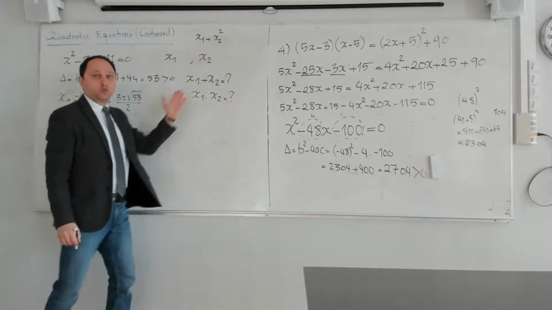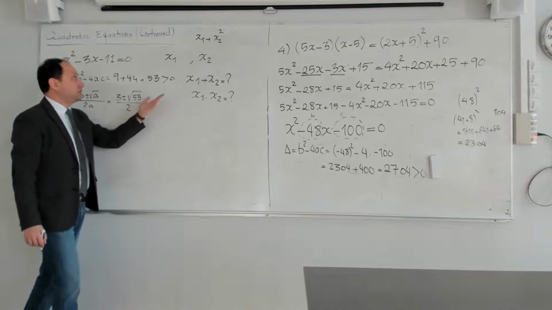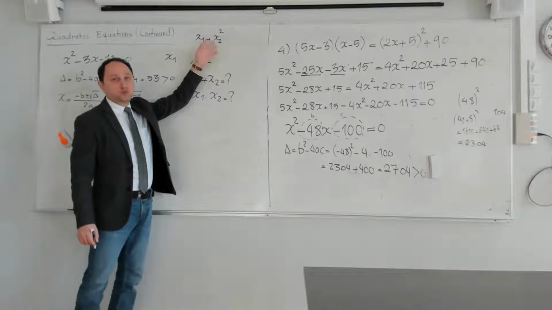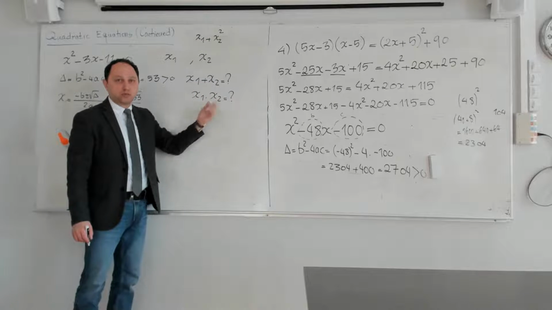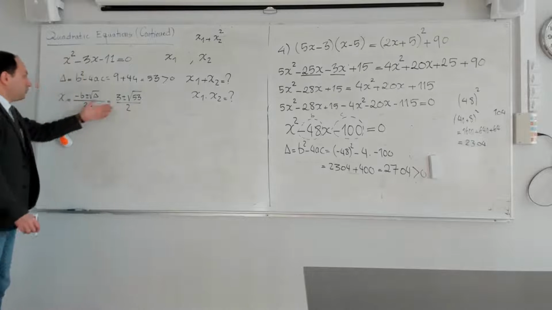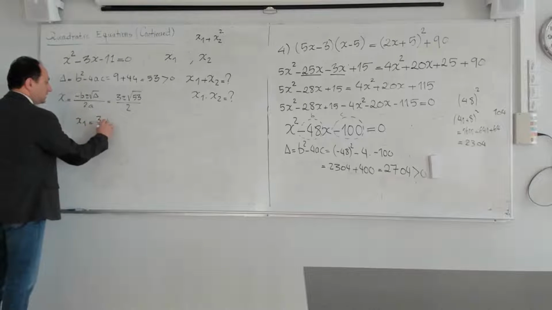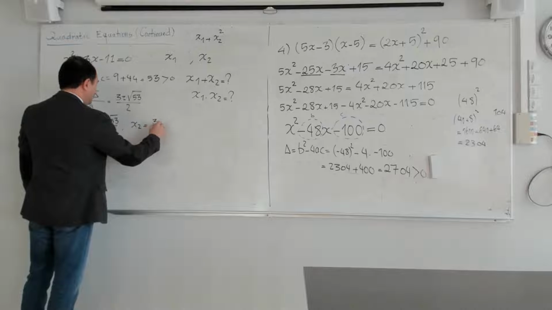Then you would say which one I am supposed to take as x1, which one I am supposed to take as x2, because this matters, yes? It matters which one is x2, which one is x1, but here it doesn't matter because I'm adding them. Here I'm multiplying. Okay, so whatever you want to choose, you choose x1 to be one of them. Let us take the positive one. And you choose x2, the negative one.